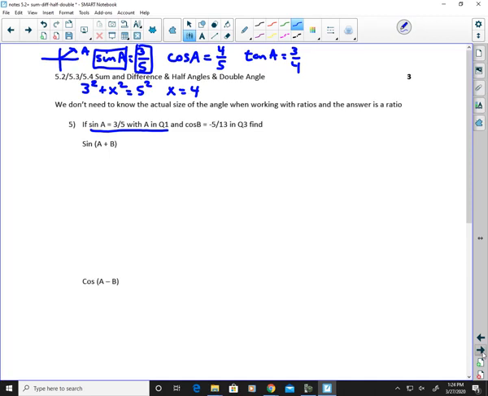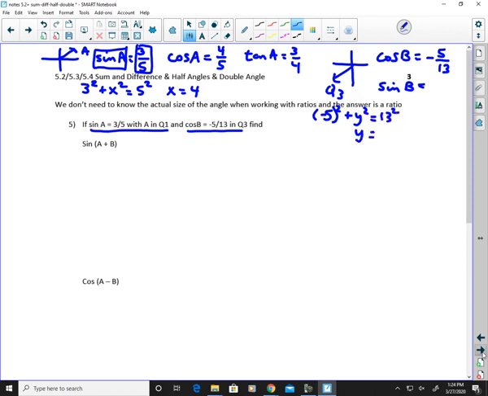Now I can do B, which is in quadrant 3. So angle B in quadrant 3. And I know that cosine of B is equal to negative 5 over 13. Sine of B, after using my 5 squared, and it actually is a negative 5, but negative 5 squared plus y squared equals 13 squared, you would find that y was equal to 12.